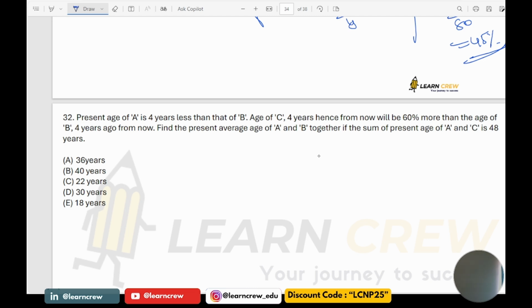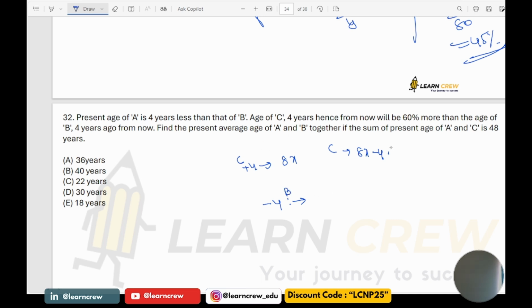So here the age of C 4 years hence from now, if it is 8x, present, okay, after 4 years, C, then the present age of C would be 8x minus 4, and the age of B 4 years ago from now would be how much?